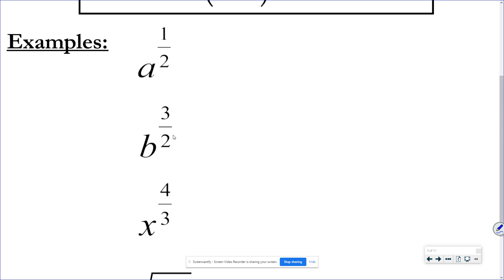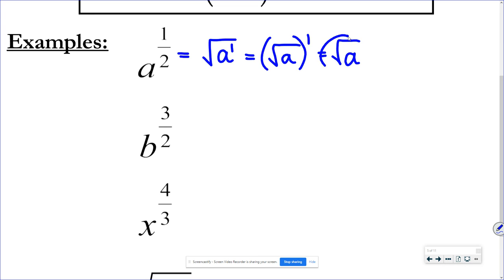So if I said what is a to the 1/2 power, that is the same thing as saying the square root of a to the first power, or you could write it as the square root of a with the first power on the outside, or of course anything to the first power is just that same thing, so the square root of a.